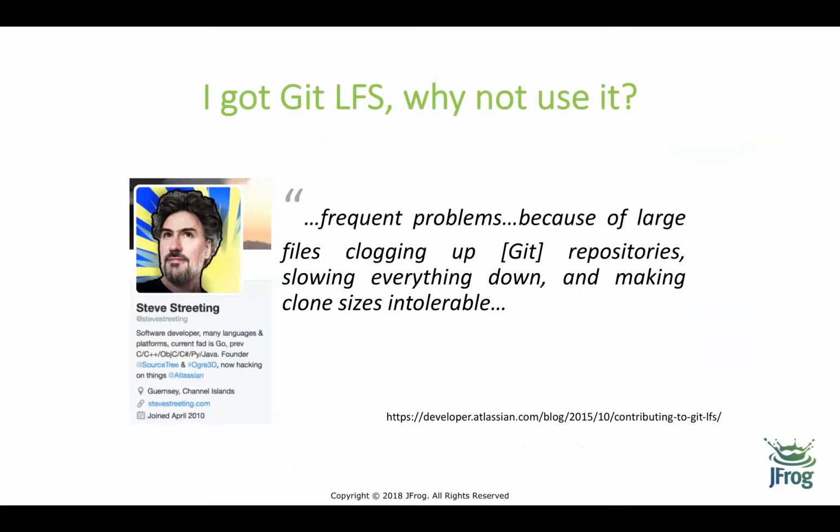So you might have heard of Git LFS. If you already have Git LFS, why can't we just store your binary objects in Git LFS? Here is Steve Streeting, one of the co-founders of SourceTree. His personal experience as an early developer and adopter of Git is that as you store binaries inside Git, it clogs up the whole Git repository, slows down everything, and puts everything into a screeching halt.